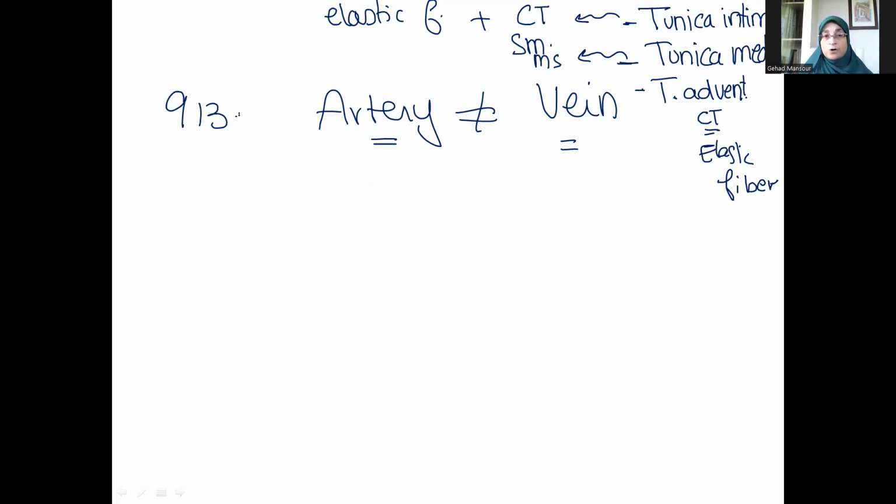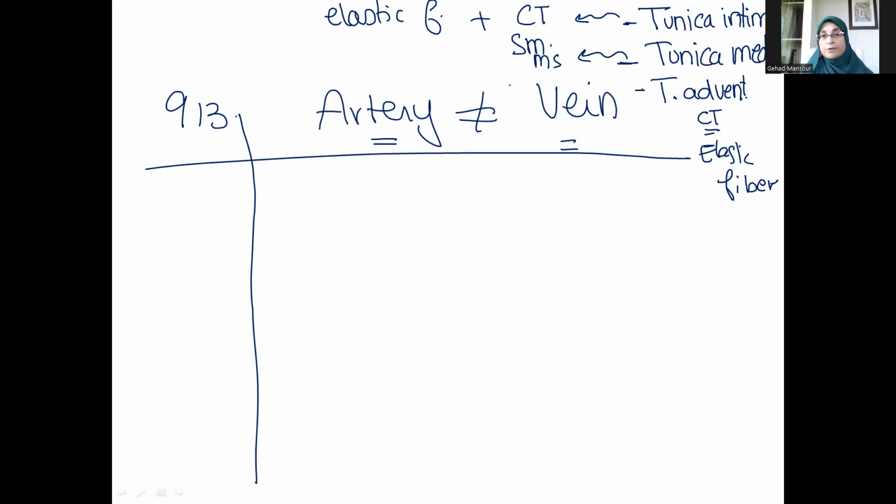So if you were ever asked to compare and contrast between an artery and a vein, you have to compare and contrast the anatomy and the physiology. So first of all, let's talk about the anatomy.